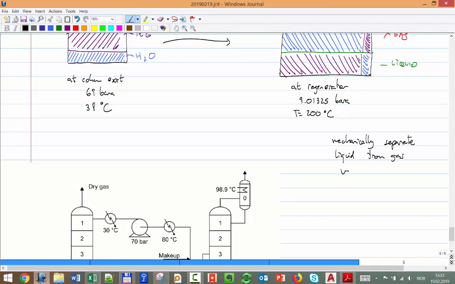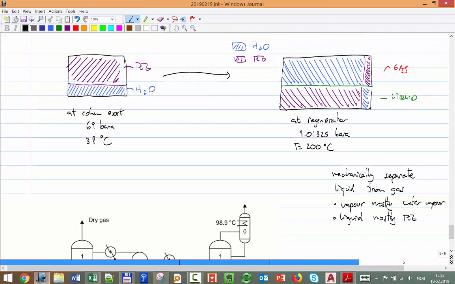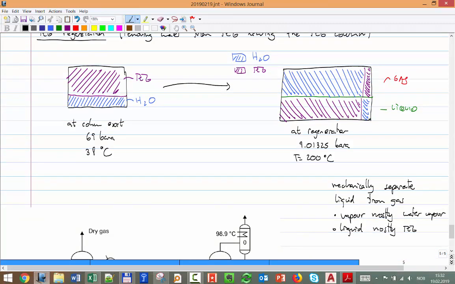In the vapor is mostly water vapor, and in the liquid you have mostly TEG, because that's simply the way they split. So that's what we are going to do next.